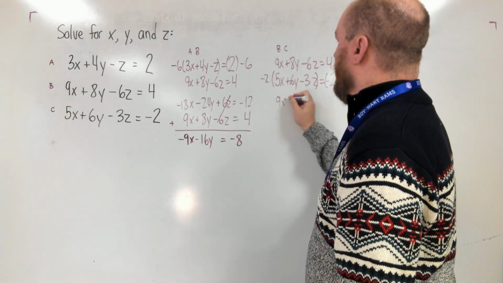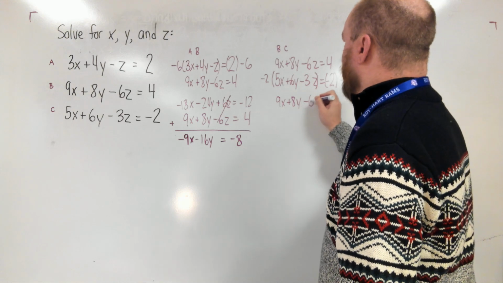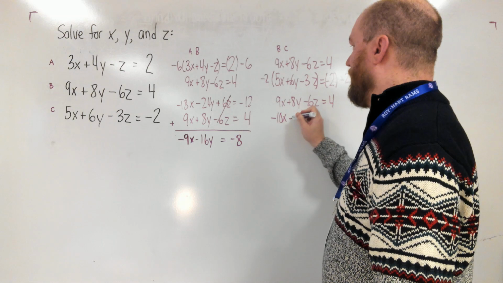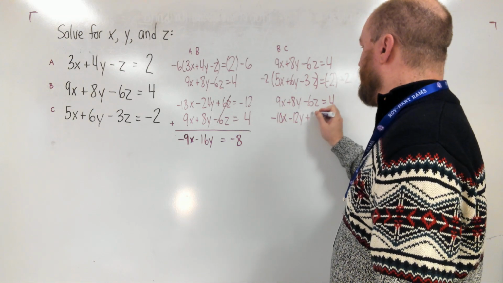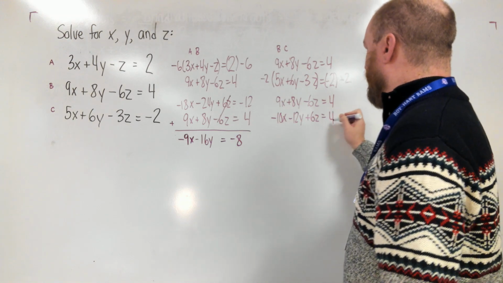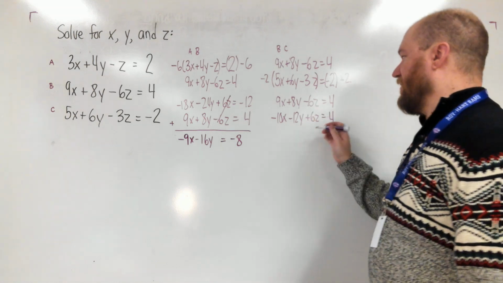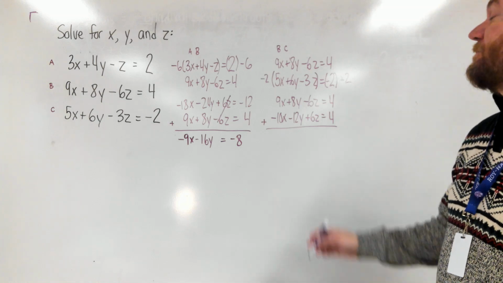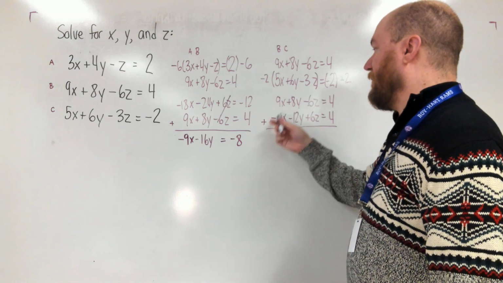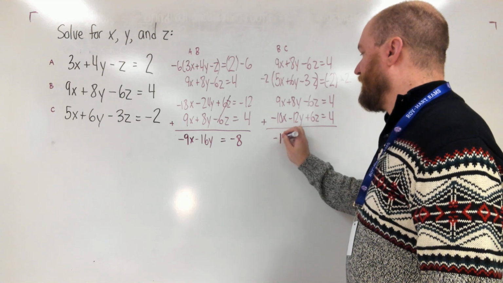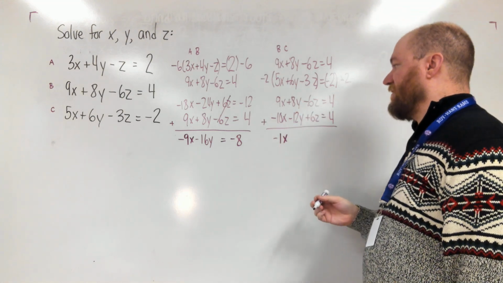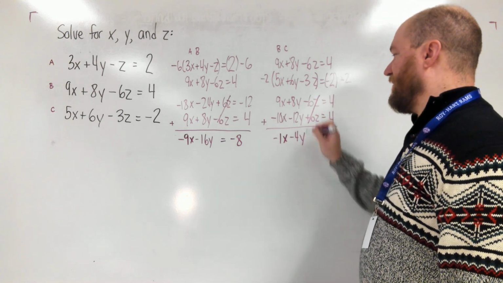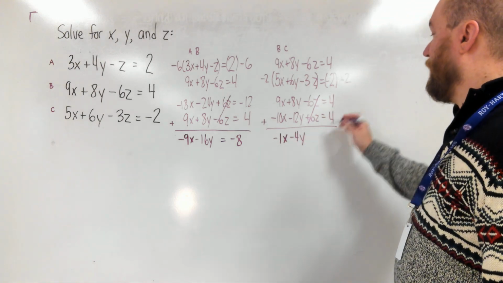So now we have 9x plus 8y minus 6z equals 4, and negative 10x minus 12y plus 6z equals 4. Hey, look, the z's are opposites, so I can add. Adding makes opposites go away. 9 plus negative 10 is negative 1x. 8 plus negative 12 is negative 4y. Opposites cancel when I add, and 4 plus 4 is 8.